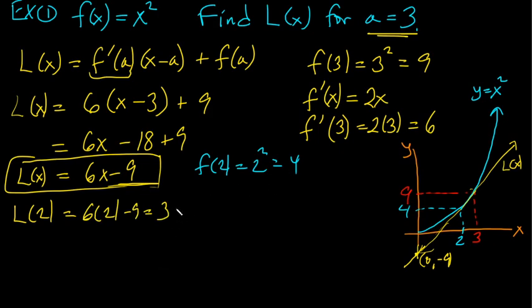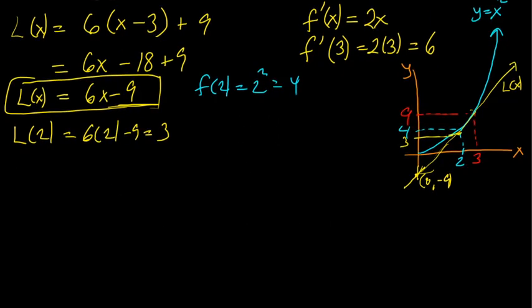Right? So yeah, we get 3 instead of 4. So not great, but still, I mean, it's close, right? Yeah, and you can see on the graph, it's kind of hard to tell because right here would be 3, right? So yeah, I'm off by 1. Right? But remember, that's just because x equals 2 is probably not all that close to x equals 3, but I can get closer.